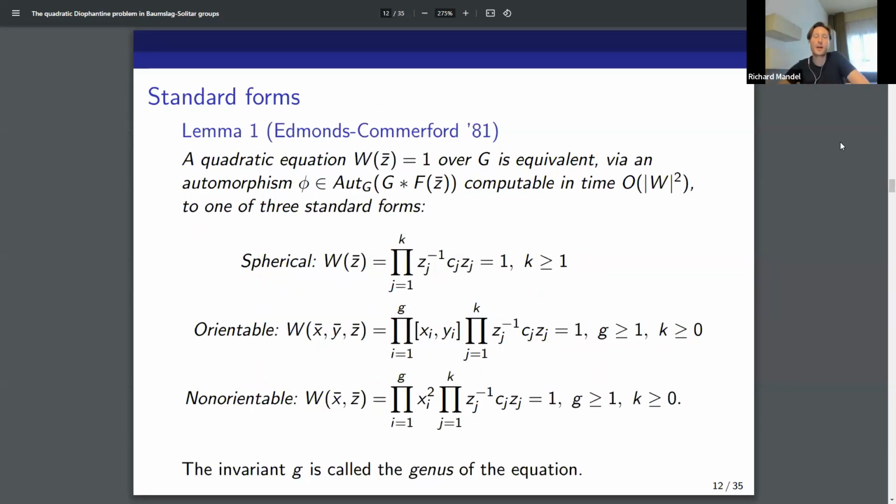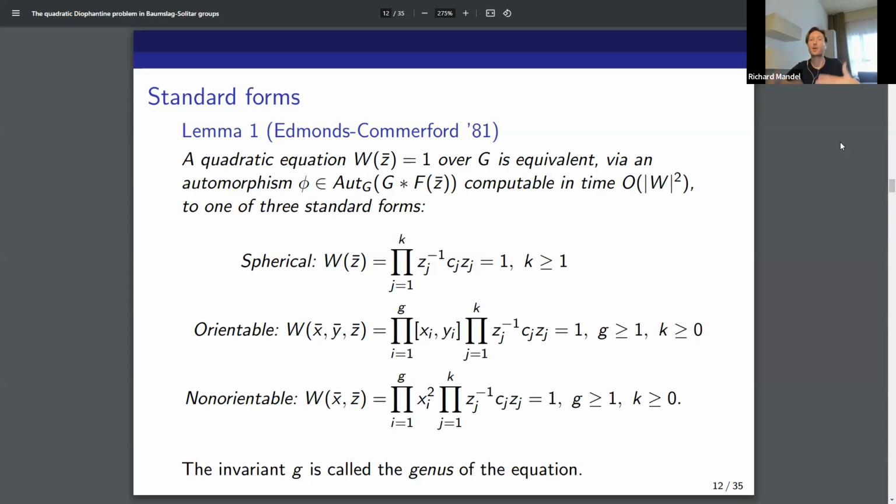So that's one of the reasons why we like them, and in particular, the standard forms are very nice. You take an arbitrary quadratic equation, and you can very easily transform it into one of these 3 standard forms, in polynomial time.